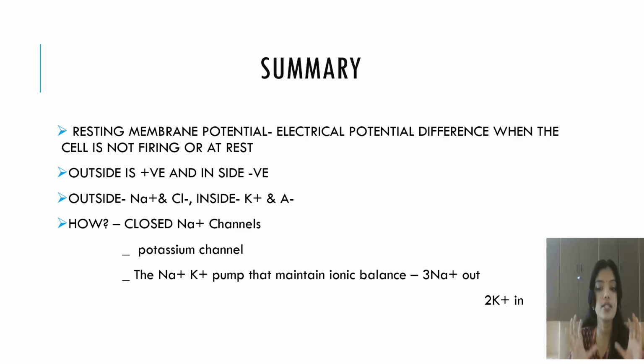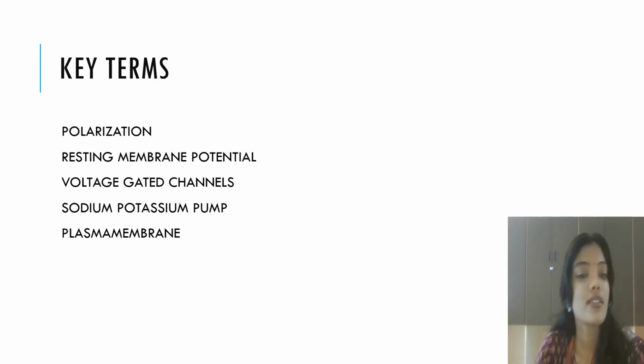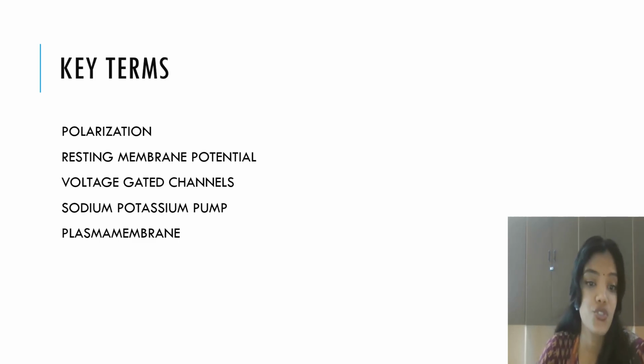This is how the resting membrane potential is maintained, and it is of the magnitude minus 70 millivolts. These are the few key terms that you should remember: polarization, the resting membrane potential, voltage gated channels, sodium potassium pump, and plasma membrane.